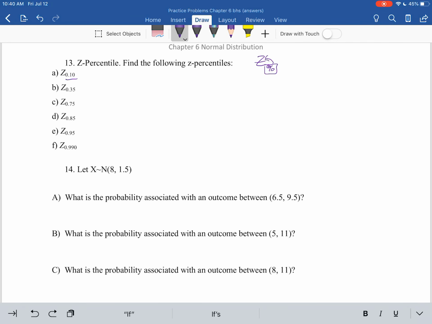It's not going to be an exact value, so you find the value that's closest to 10%. You might be a little above it, might be a little below it, so you have to look at it and determine which value is the closest. Once you do that, you find where that lands and find your z value, and you get -1.28.